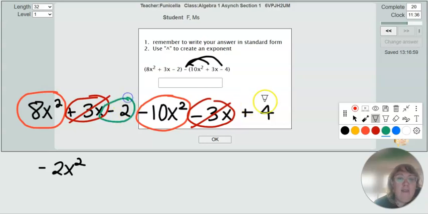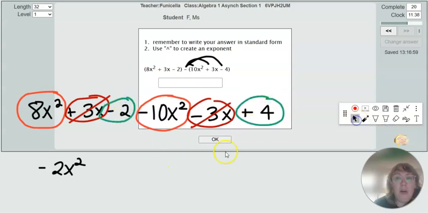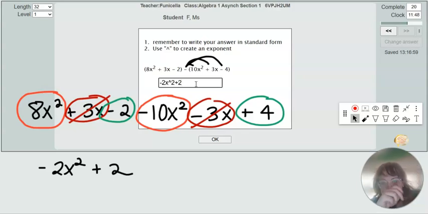And then we have negative 2 plus 4, which is going to get us a positive 2. So we have negative 2x squared plus 2. Hit OK.